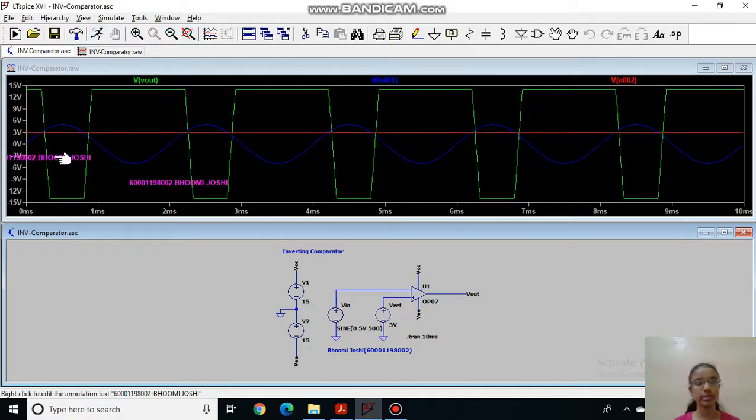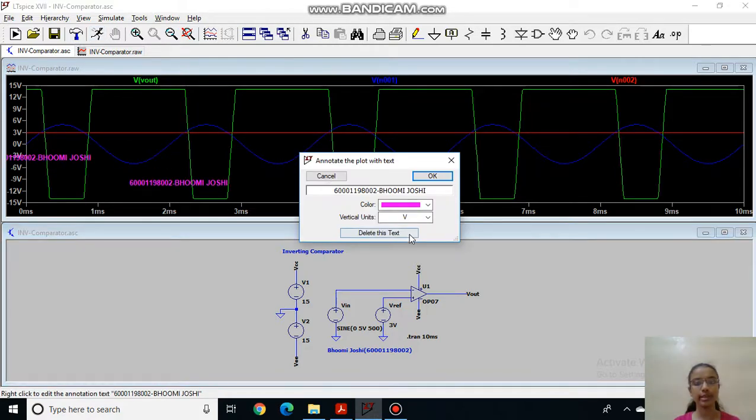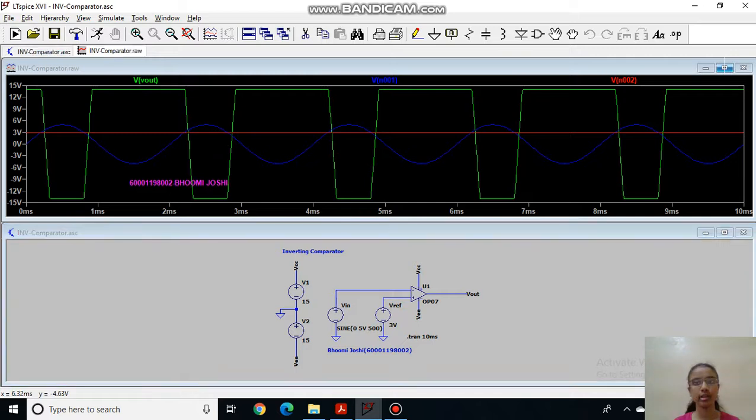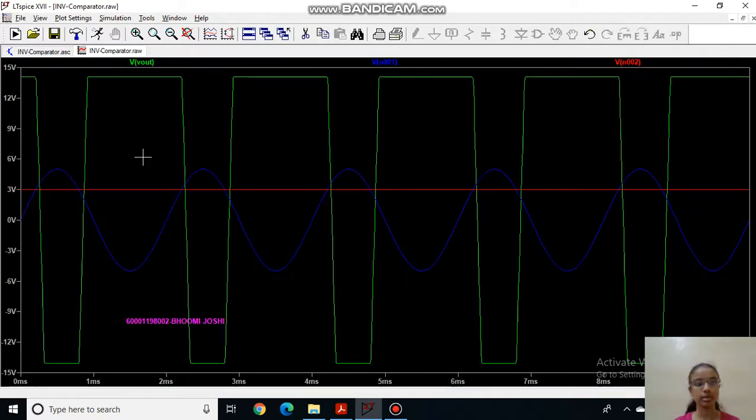So as you can see, this is my waveform for inverting comparator. So whenever input voltage is less than V reference, I am getting positive saturation level, and whenever input voltage is greater than reference voltage, I am getting negative saturation level.